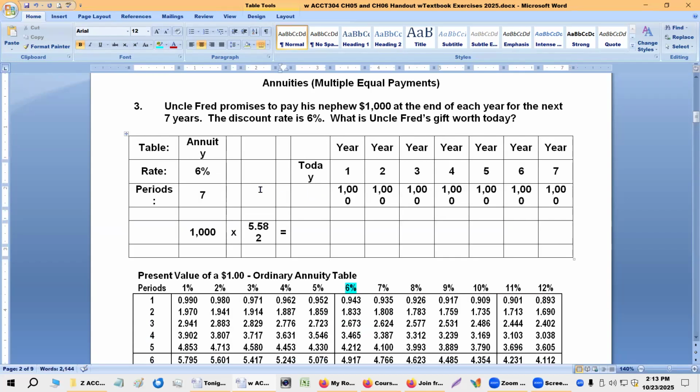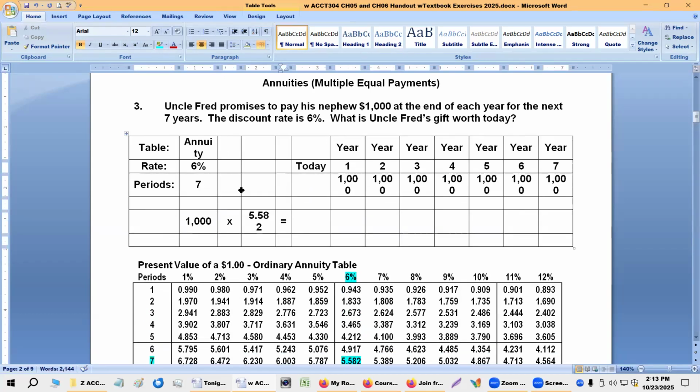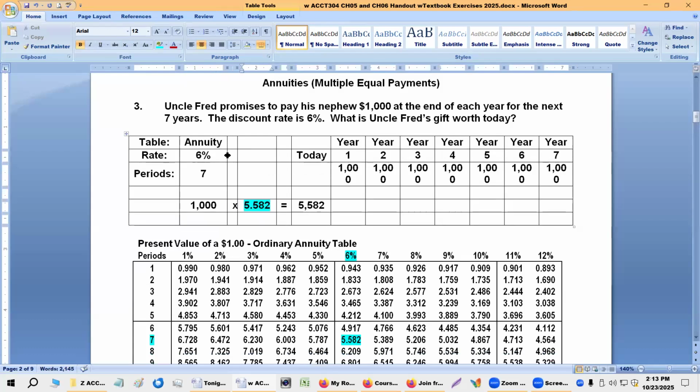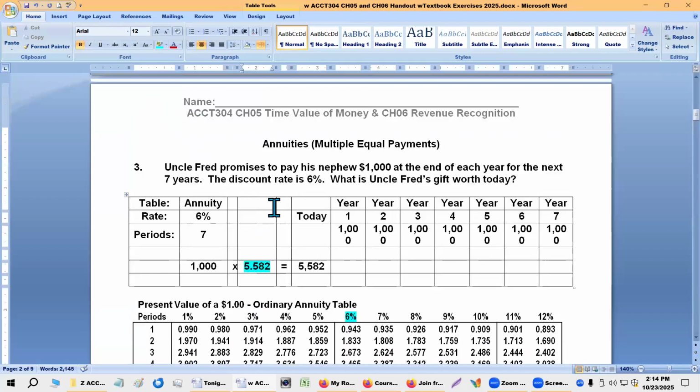Okay, 5.582. And again, this is just all of the 6% single payments added up. I'm sorry for my formatting. I will leave it here. All right. And here's what I'm talking about.